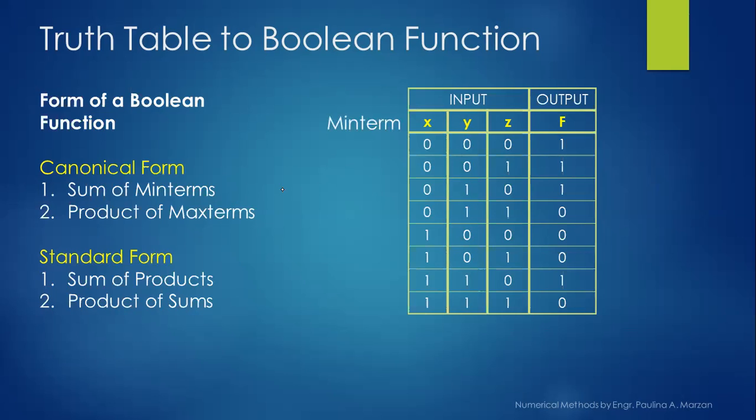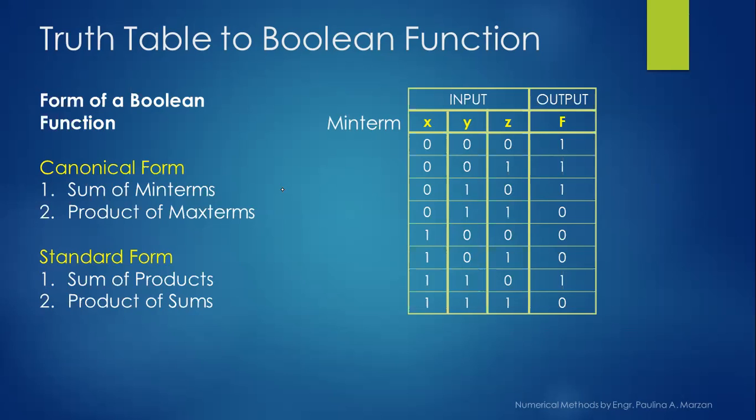Min terms are actually the terms wherein all of the input variables are present and operated by the AND operation, wherein a literal with a value of 0 will be operated by NOT.